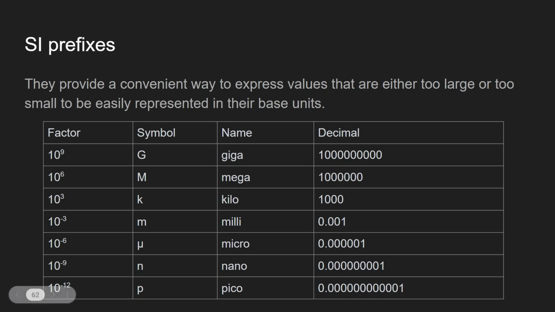Like I just talked about milliampere, which is 150 milliampere equals 0.15 ampere. Sometimes if the number is very large, like frequency, like 200 megahertz, the mega is 10 to the power 6, which is 6 zeros at the back.